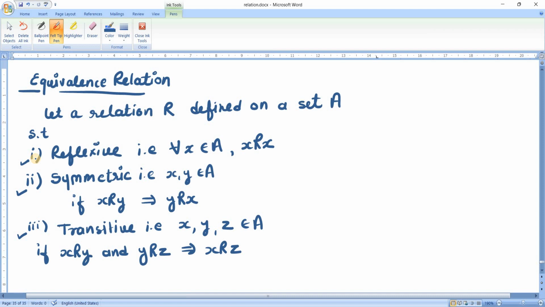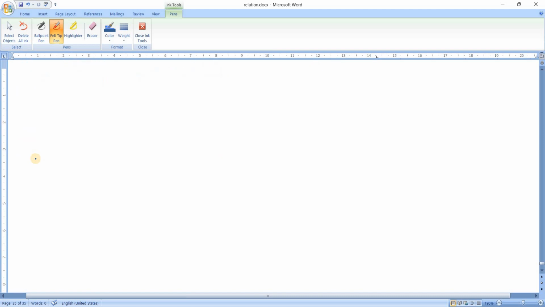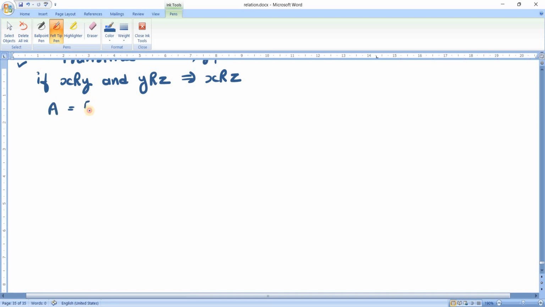Now let us see an example on this. Let us say that there is a set A with elements 1, 2, and 3.